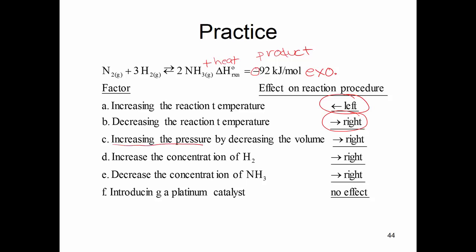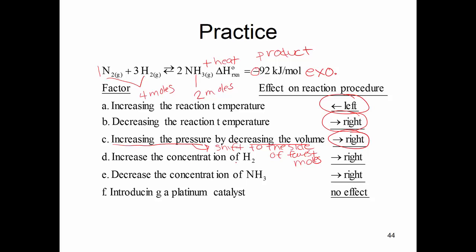If we increase pressure, we have to know we shift to the side of fewest moles. So here I have 4 moles total, just look at your coefficients, and then I have 2. So we're going to shift to the products because I only have 2 moles, and that's what my rule states.